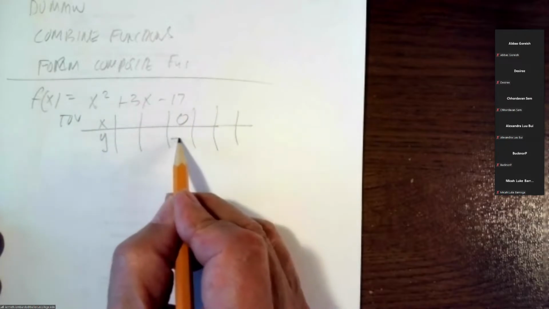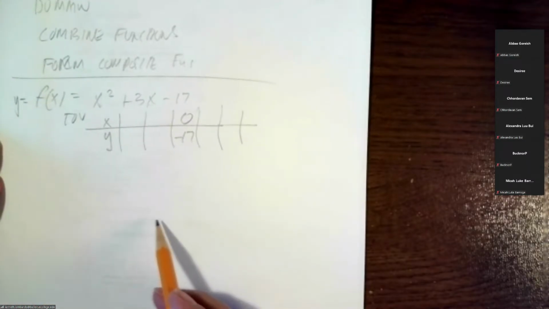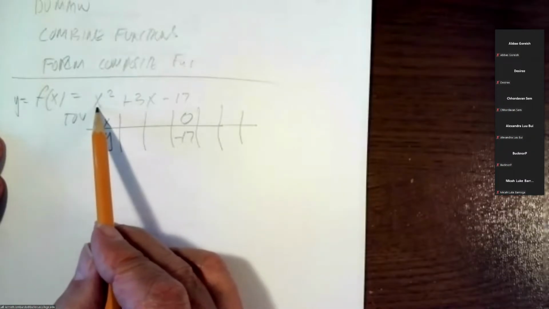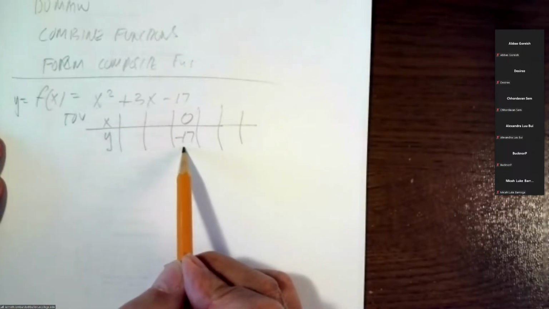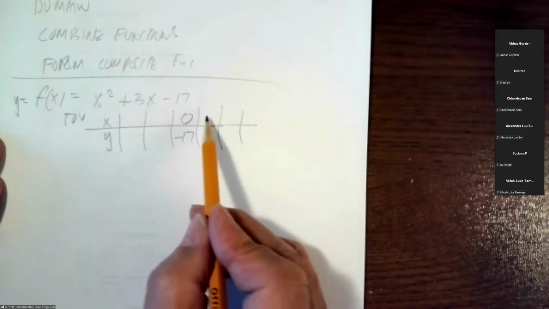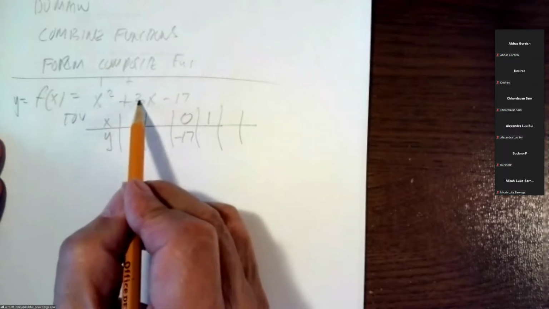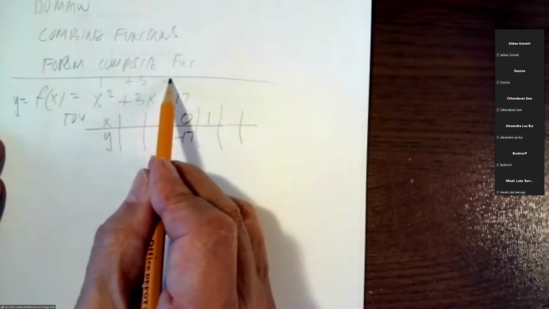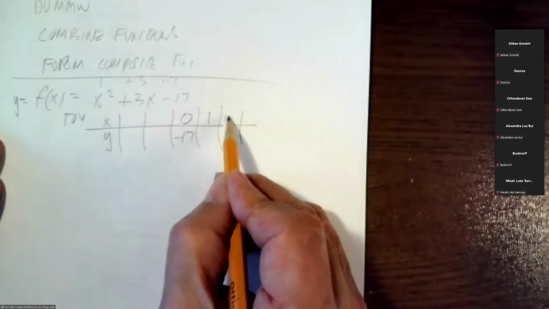So we're just left with negative 17, aren't we? So if y equals some function of x, and we set that function x squared plus 3x minus 17, we'd say that. If we said x is 1, you'd say, well, 1 squared is 1, plus 3 times 1 is 3, minus 17, so 17 minus 4, that's going to be 13, isn't it?